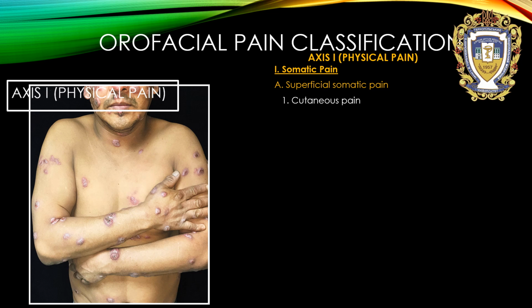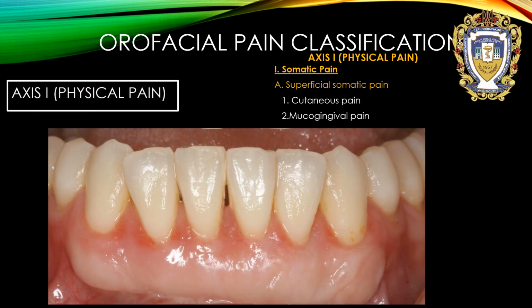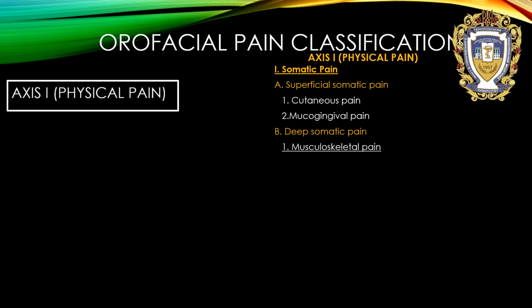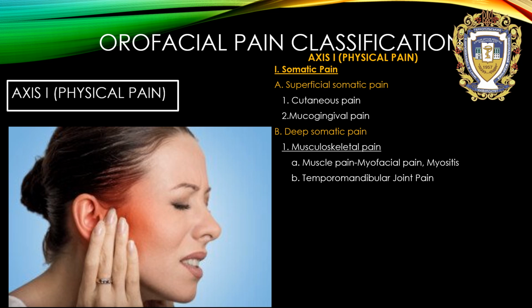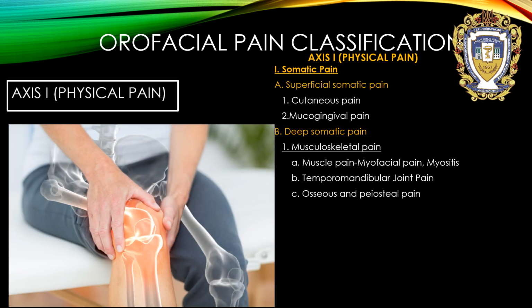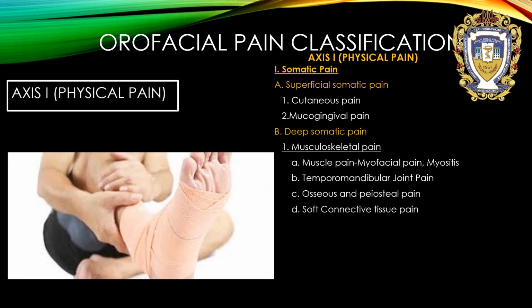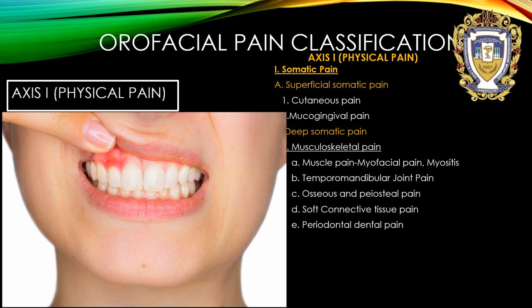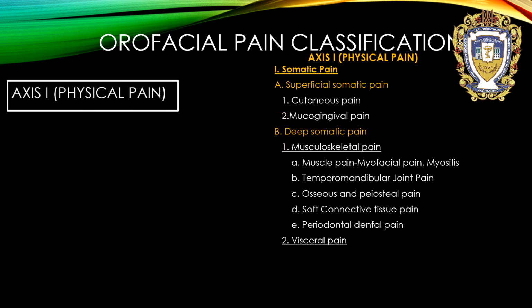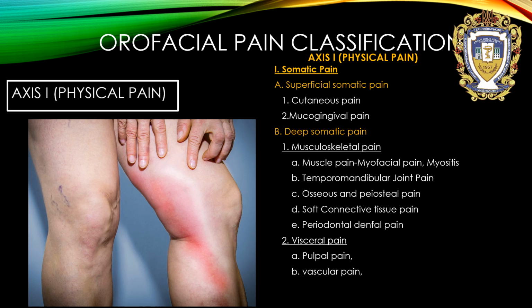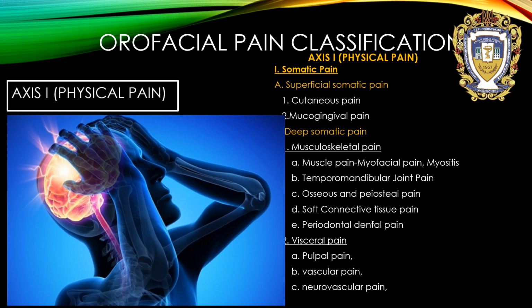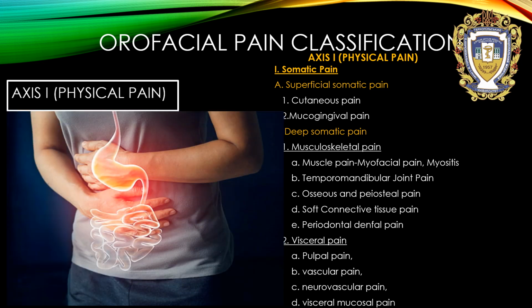It can be cutaneous pain, mucogingival pain, and group B, deep somatic pain, like musculoskeletal pain: muscle pain, myofascial pain, myositis, temporomandibular joint pain, osseous and periosteal pain, soft connective tissue pain, periodontal dental pain, and second group, visceral pain, like pulpal pain, vascular pain, neurovascular pain, and visceral mucosal pain.